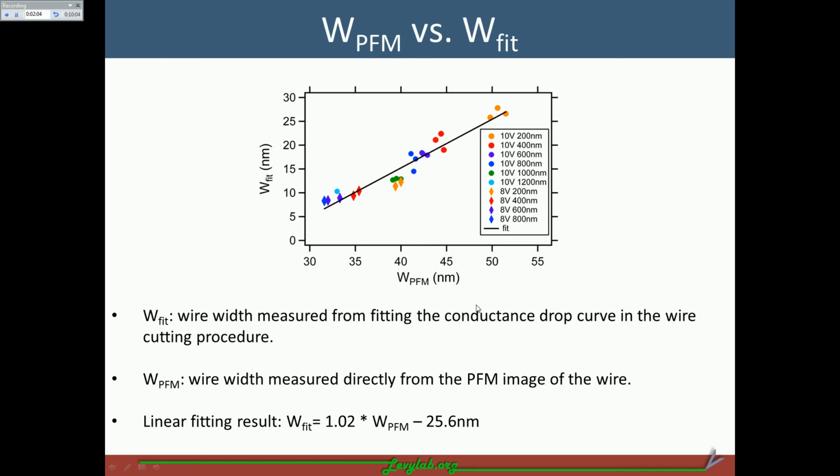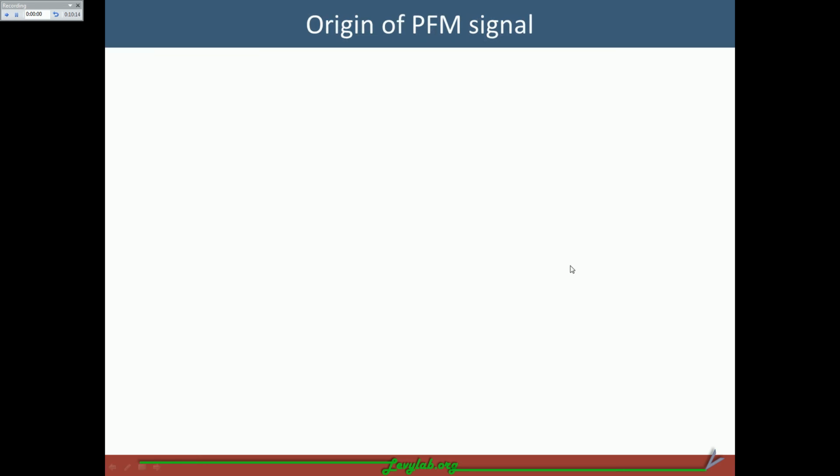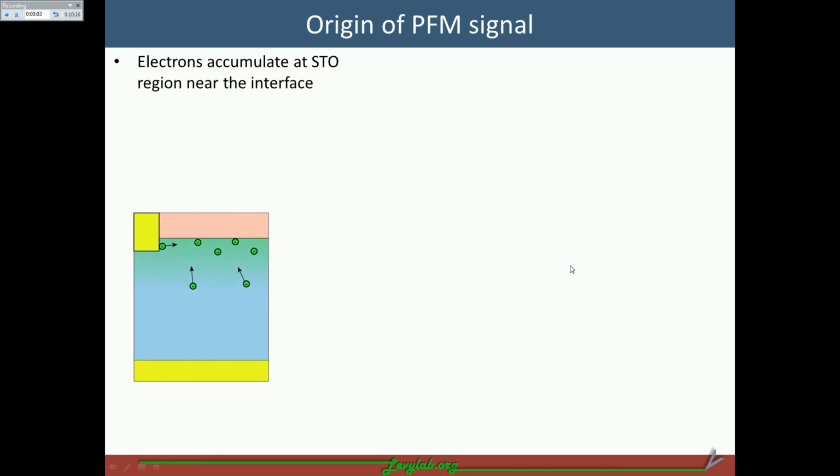So from this relation we can convolve the PFM results to get the actual dimension of the nano devices. So here I want to talk a little bit about the possible origin of the PFM signal.